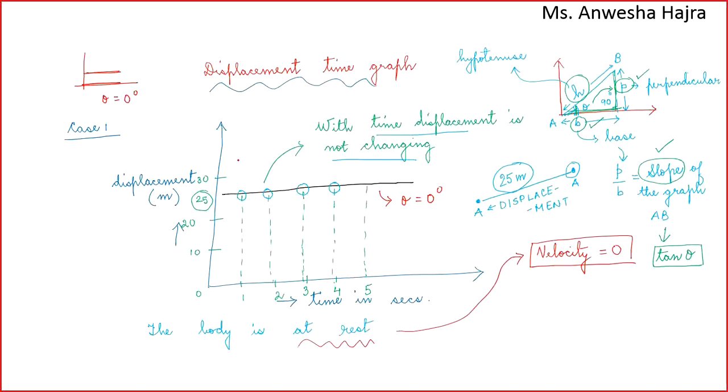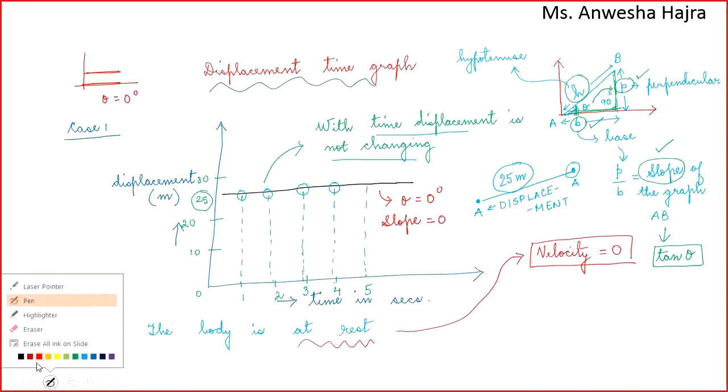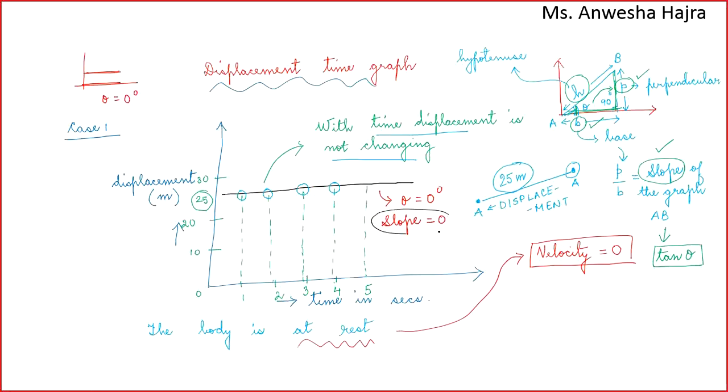There is no slope. So here slope of the graph is 0. And as slope of the graph is 0, velocity is 0, so we can conclude that from here slope gives us velocity.